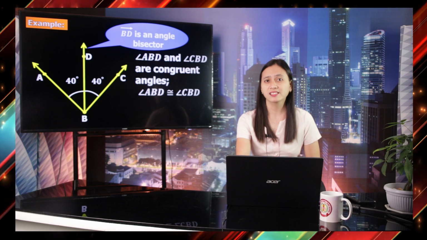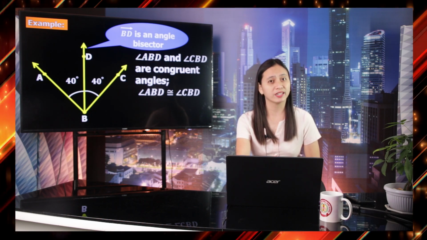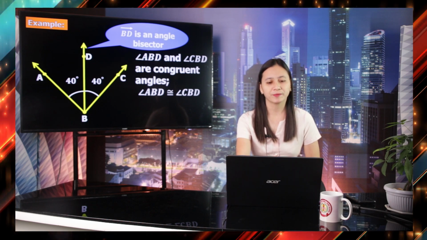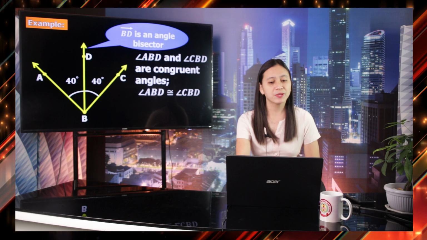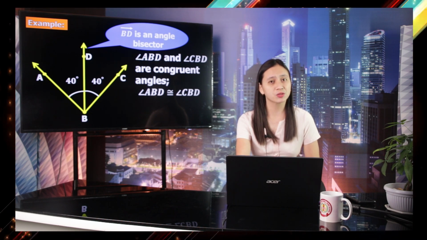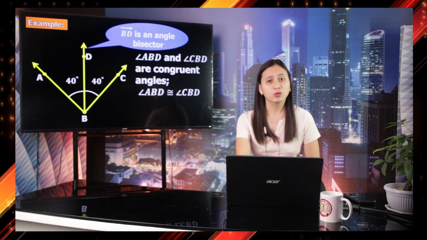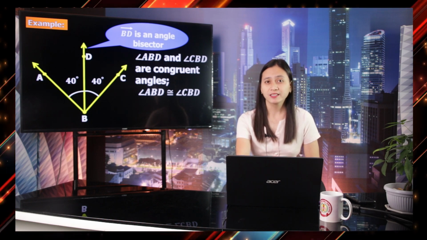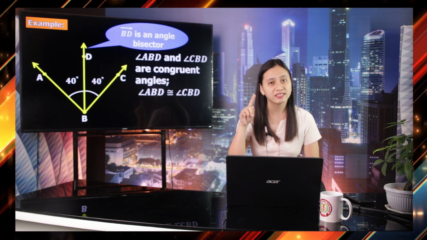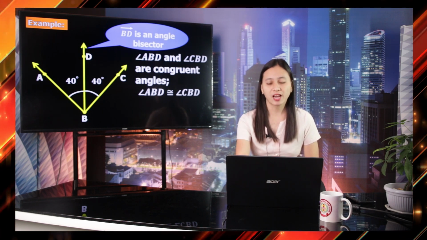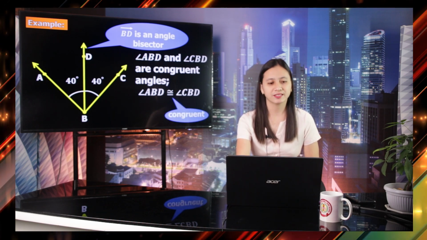Congruent angles are angles that have the same or equal measure. In symbols, angle ABD is congruent to angle CBD. Notice the symbol in the middle. We have an equal sign with a little wave on top that is read as congruent.